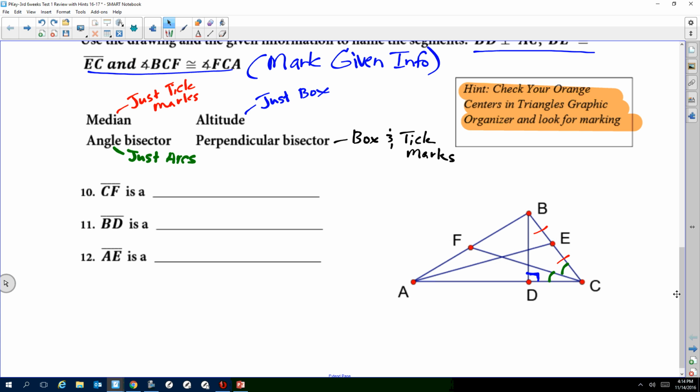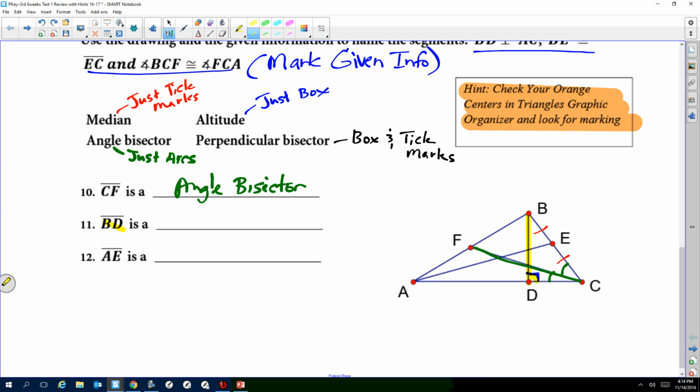So CF, I'm just going to trace CF, and I go from C to F, and I look right there. The markings I see are the arcs. So this should be angle bisector. Tracing might help you. So then I'm going to do BD. Let's do a highlighter trace. So BD, I'm going to go from B to D. I look for the marking that's with that.